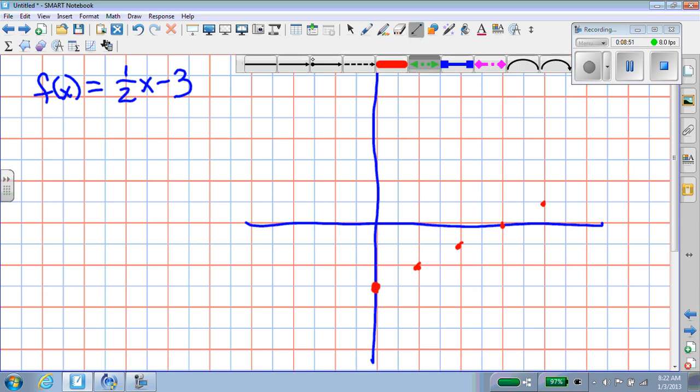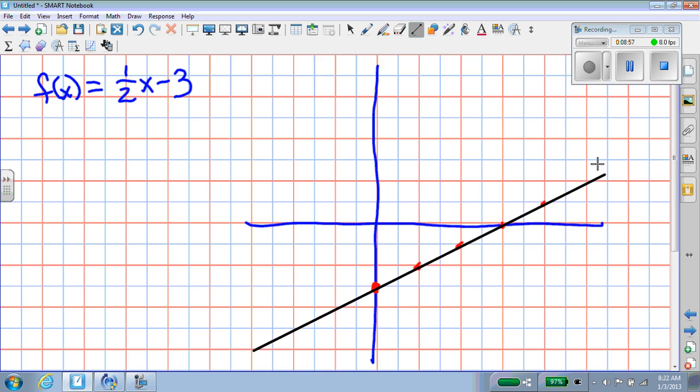We'll draw that. Okay, so that's f of x. It passes the horizontal line test, so its inverse will be a function.